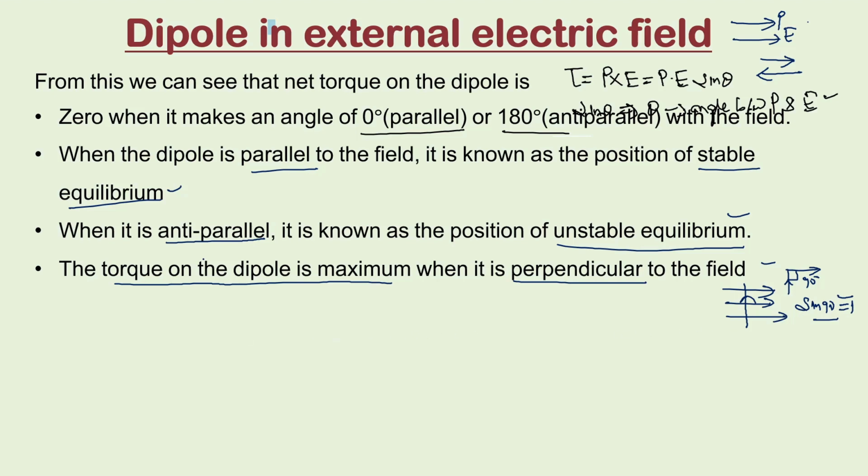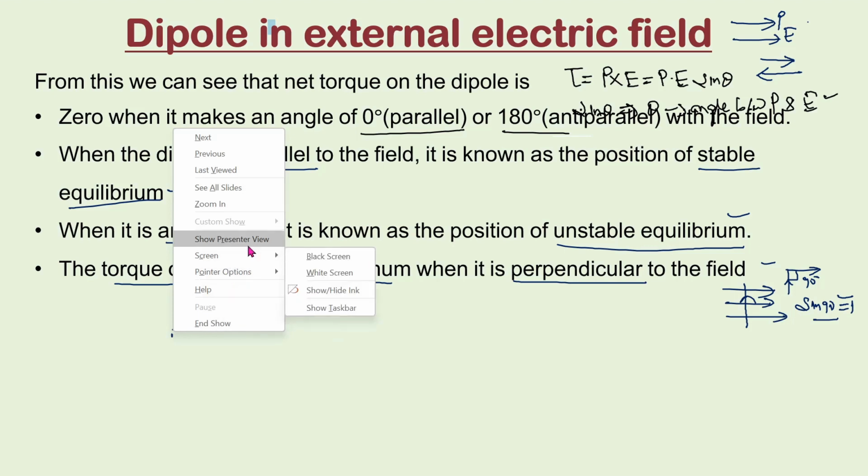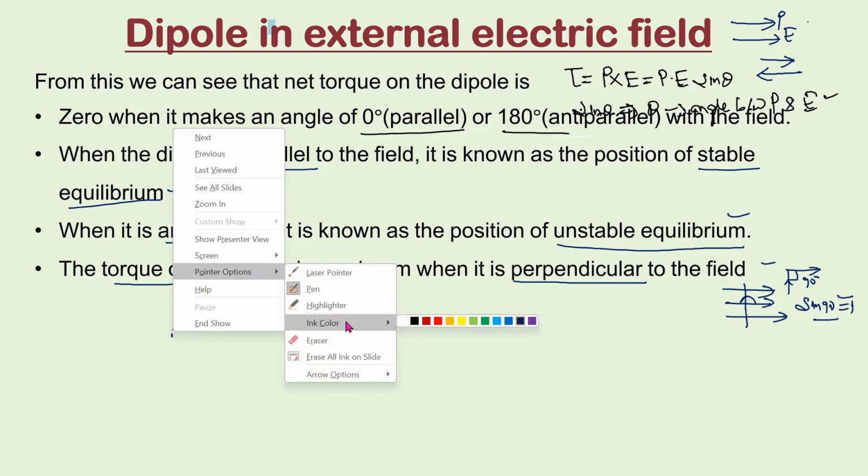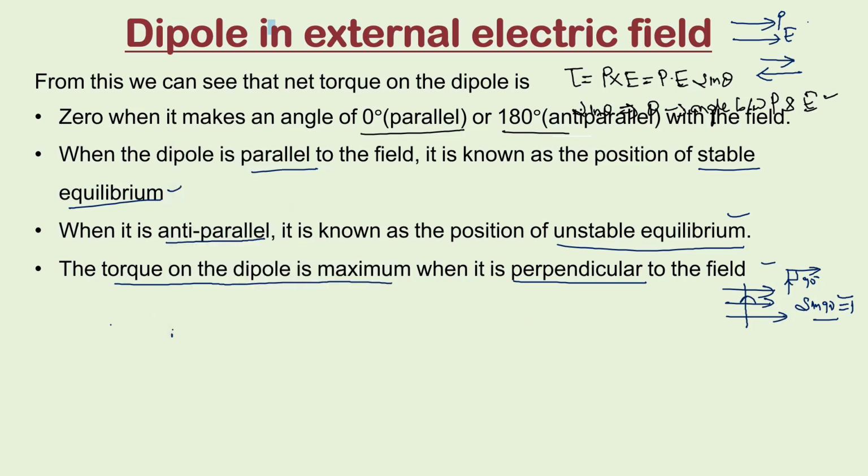So we can summarize that tau will be minimum in two cases: when theta is equal to 0 degrees and when theta is equal to 180 degrees.